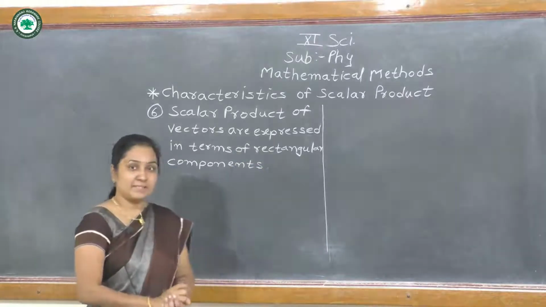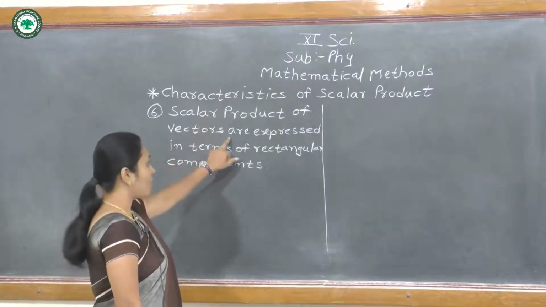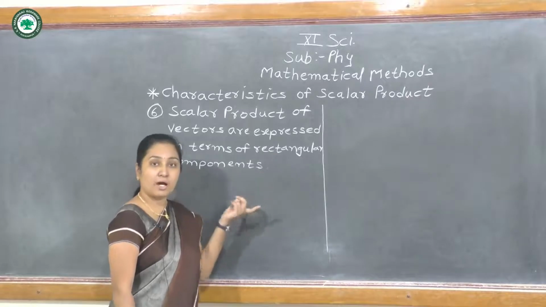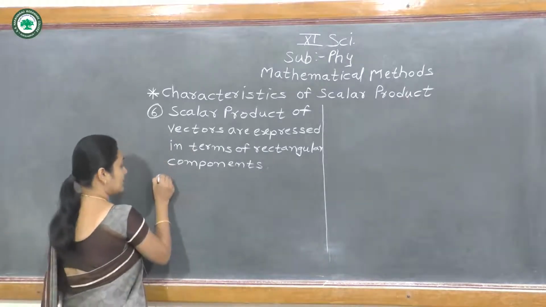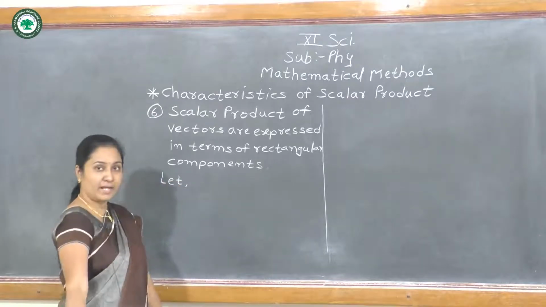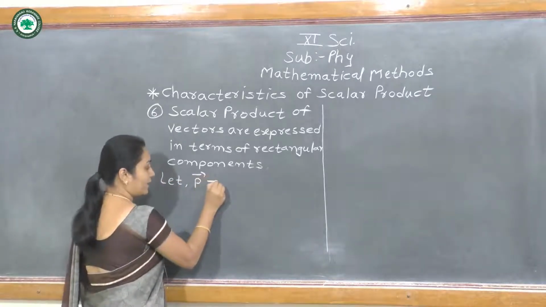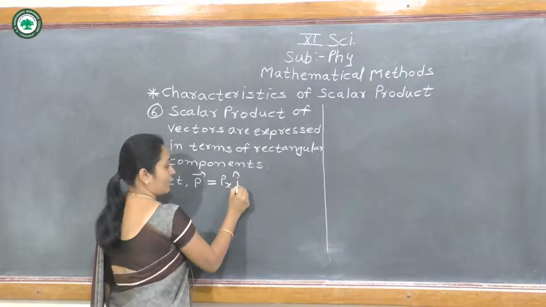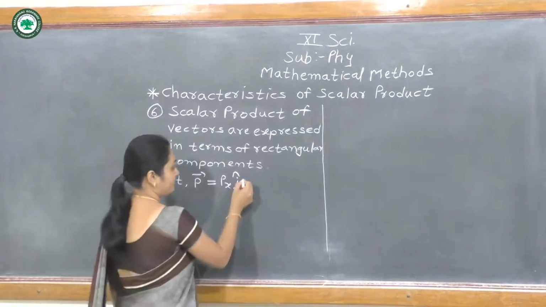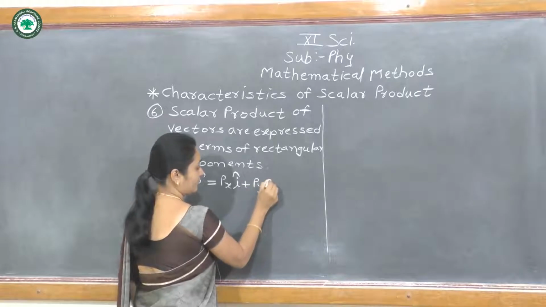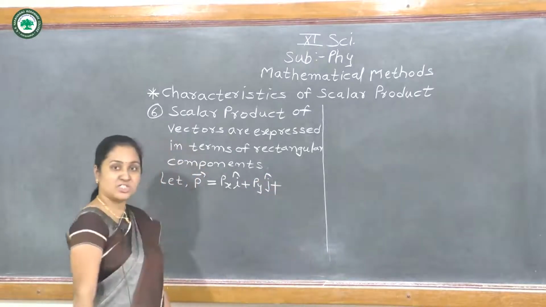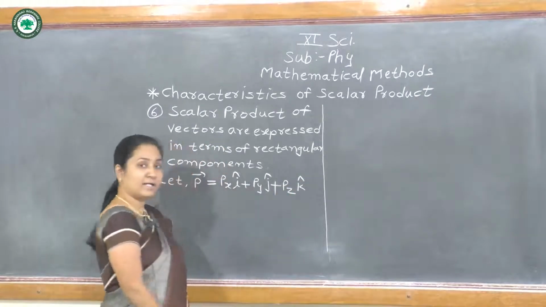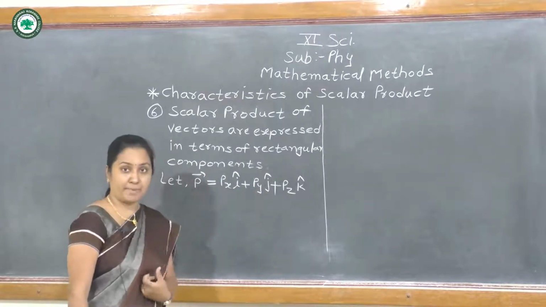So this is the 6th characteristic. For this, let us consider vector p bar equal to px i cap plus py j cap plus pz k cap. So this is the vector p bar.